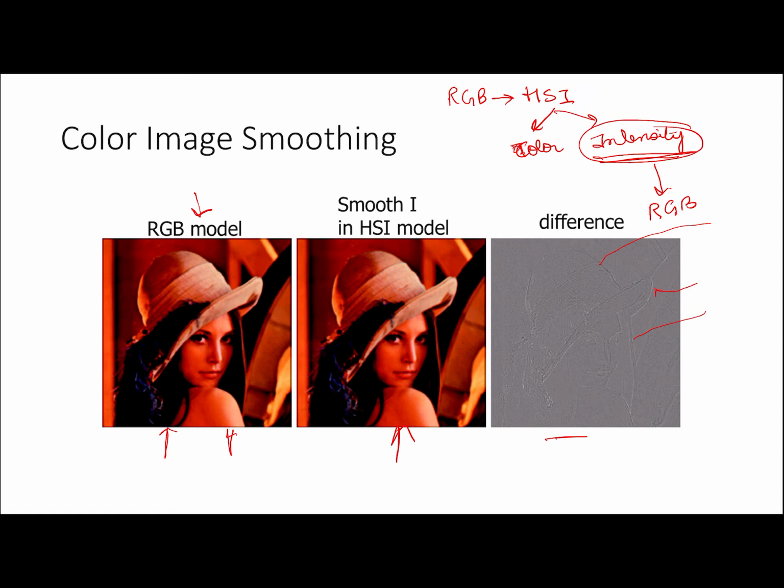Because in the RGB smooth image, each pixel is the average of the color of the pixels in the neighborhood, whereas in this case, by smoothing only the intensity component, the hue and saturation of each pixel were not affected, and therefore pixel colors did not change.